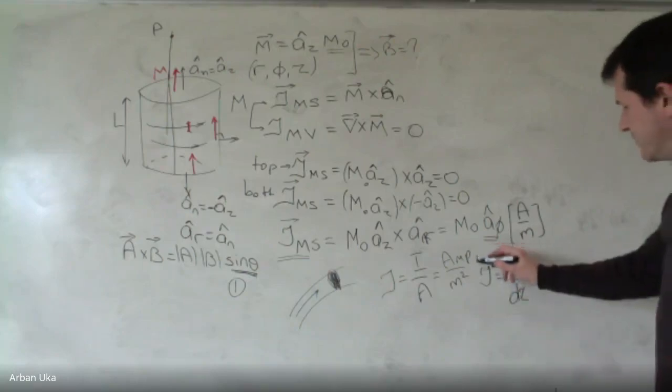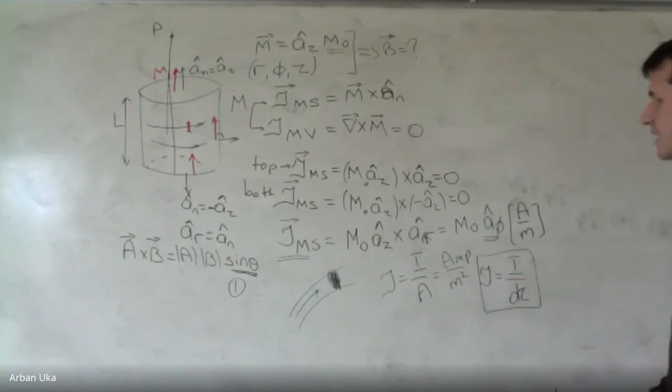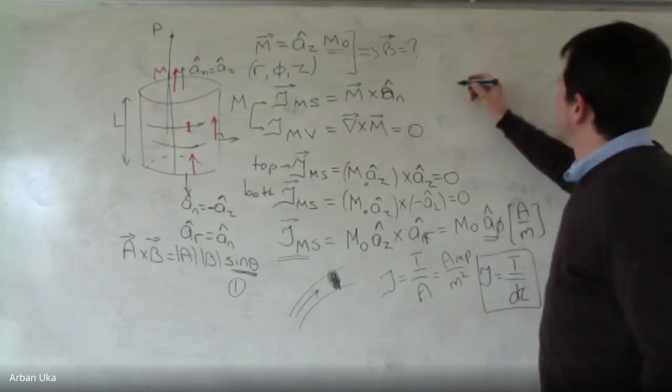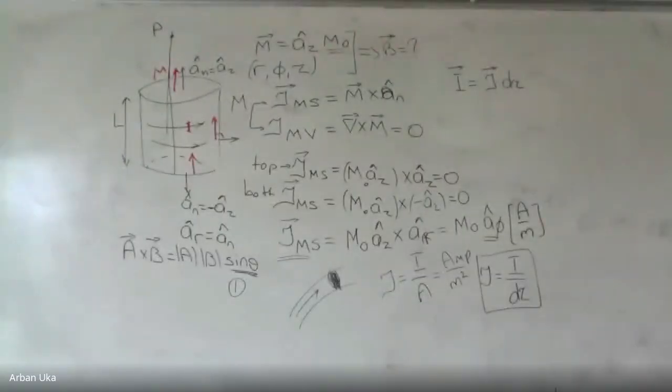Which means that if this is the current density, J is equal to I times dz, this means that I is equal to J, and the I has a direction for sure. And times M0 times dz. Okay? So that's the current.